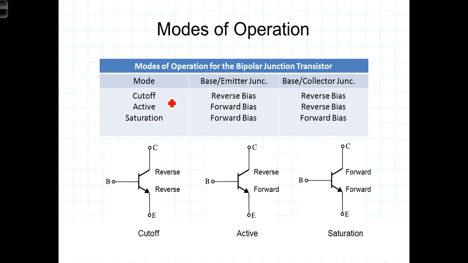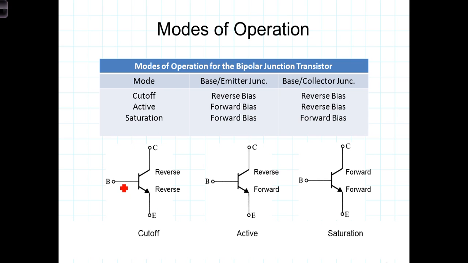The transistor is in the cutoff mode if the base emitter junction and the base collector junction are reverse biased. In other words, both of the PN junctions are reverse biased. This corresponds to a positive voltage from the collector to the base and a voltage from the base to the emitter less than the voltage necessary to forward bias that junction, or something less than 0.3, 0.2 volts, 0.4 volts, somewhere in there.